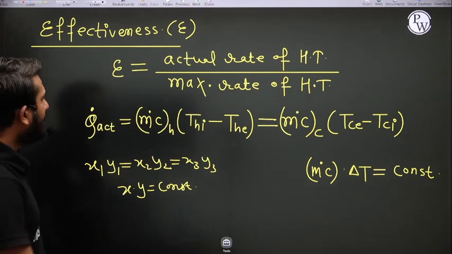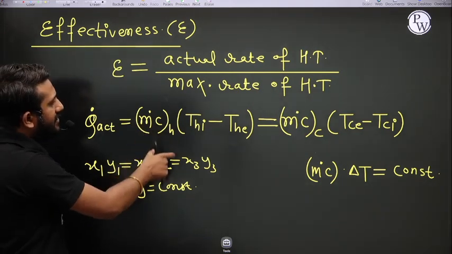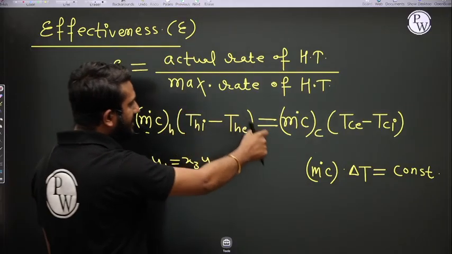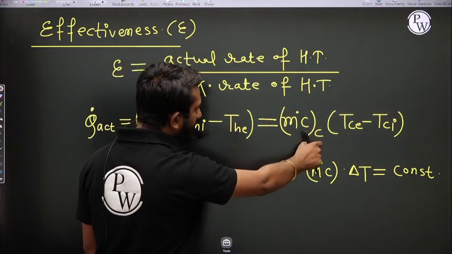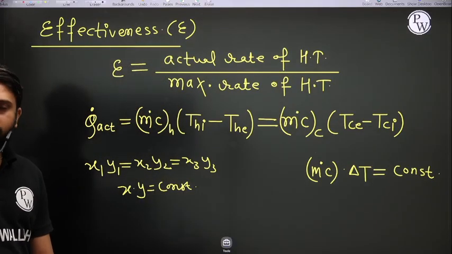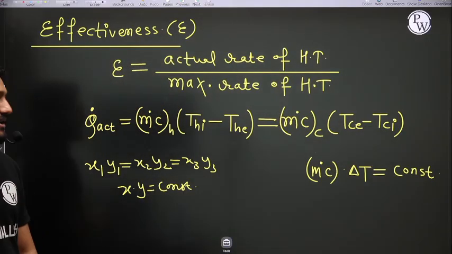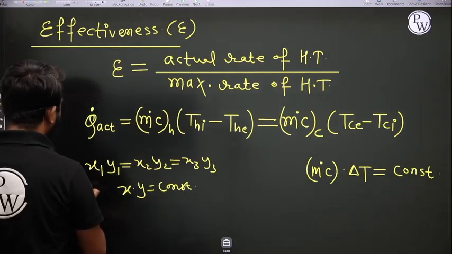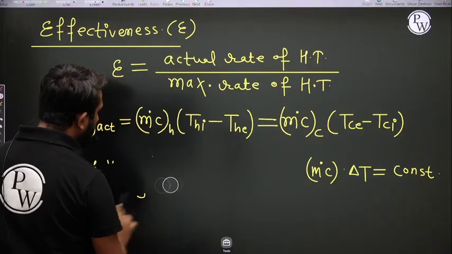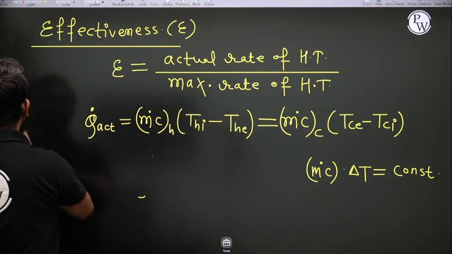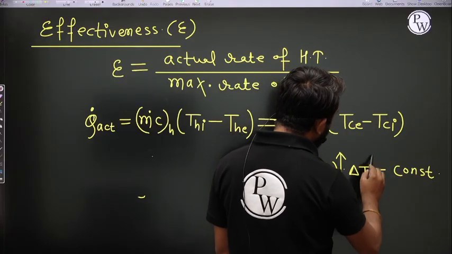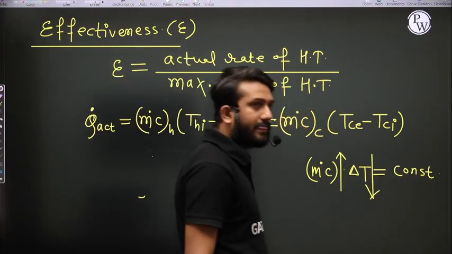Similarly, m dot c, the heat capacity rate of the hot fluid multiplied by its temperature difference, is equal to the heat capacity rate of the cold fluid multiplied by its temperature difference. That means the product of heat capacity rate and the delta T is constant. So if delta T is more, then heat capacity rate will be less, or if heat capacity rate is more, the delta T will be less.